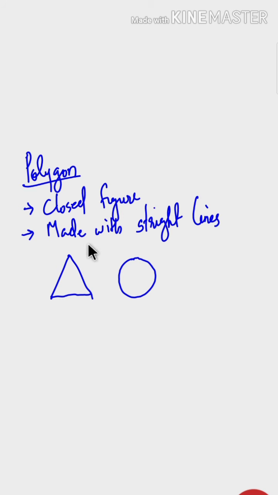But in the case of the second condition, it should be made with straight lines. So a circle is not made with a straight line. So this is not a polygon. Okay. Now this is a polygon because this is a closed figure and made with 4 straight lines. This is also a polygon. This is a closed figure made with straight lines.